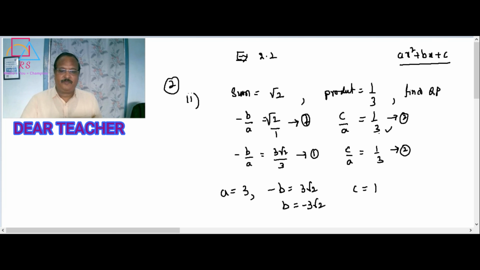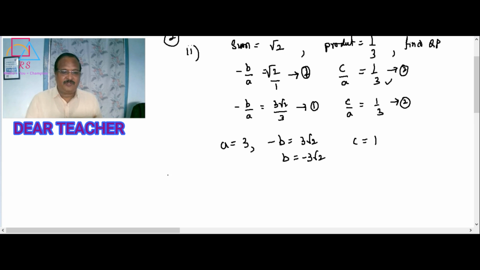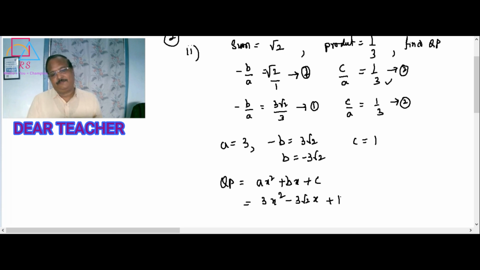So then what will be the quadratic polynomial? Therefore, the quadratic polynomial is the general form ax square plus bx plus c. If you insert the values, a is equal to 3, 3x square minus 3 root 2x plus 1. So this is one more.